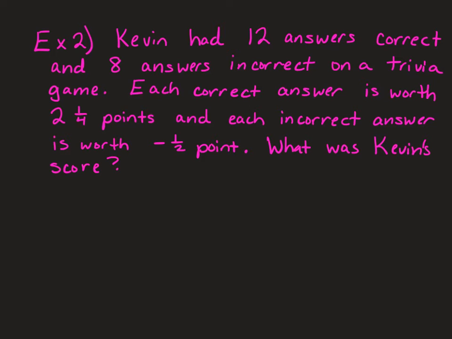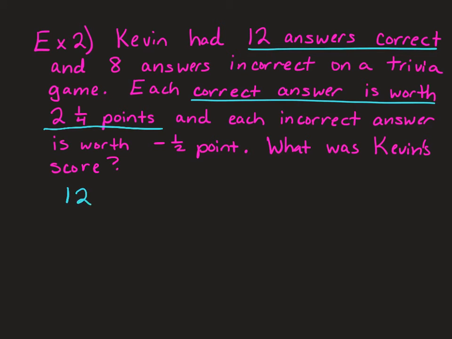Well, we could start with the fact that Kevin had 12 correct answers that were worth 2.25 points each. So let's take 12 and multiply by 2.25. That'll give us all the points for his correct answers.